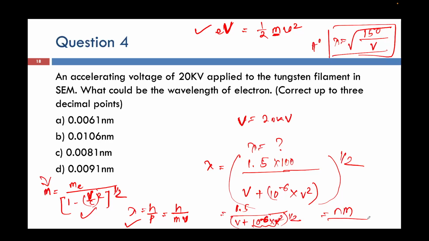Okay, so finally we have to use this equation, 1.5 divided by v, considering that this value is very small, in the order of 10 to the power minus 6. So this is the value that we have to use for lambda, and some nanometer value will come. Can anyone calculate what the nanometer will be?